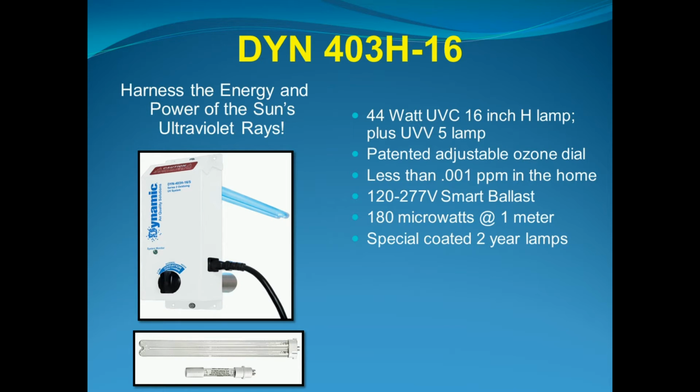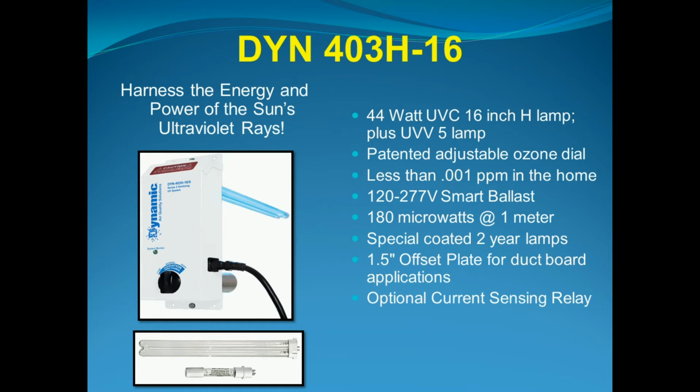Right. We're going to have a whole separate module talking about installation and the separate units that we have. But at the end of the day, what you should ask people if they're interested in is a UVC for germs, the UVV for the gases, and then some type of air cleaner, hopefully a Polaris 1-inch air cleaner, to take care of the particles.